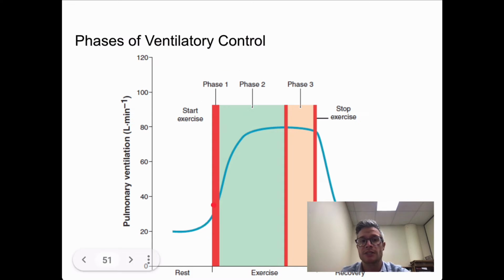Okay, so that increases, there's a little plateau, and as we enter phase 2, that's more when we get into what's called steady state exercise. We're not there yet, that's phase 3, but we're starting to increase and get to a point where all of our peripheral systems, sensory sensors in particular, are chemoreceptors. Remember that chemoreceptors measure or respond to different chemicals.